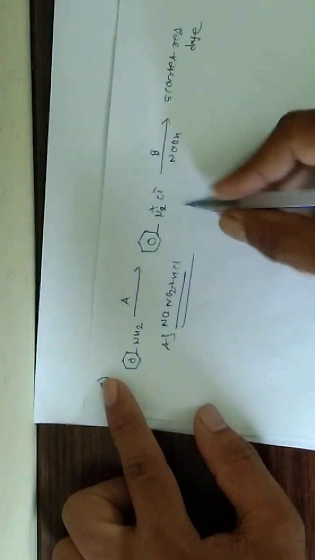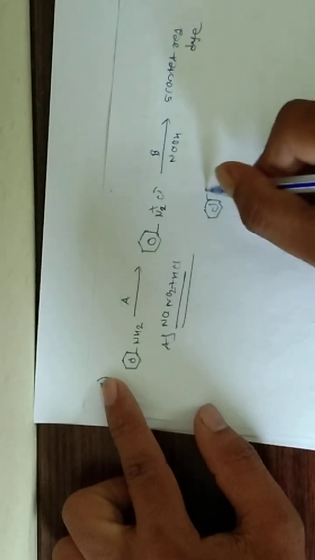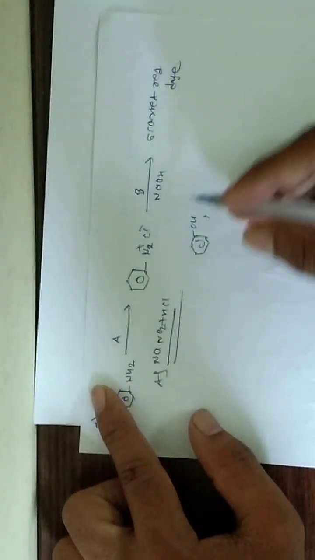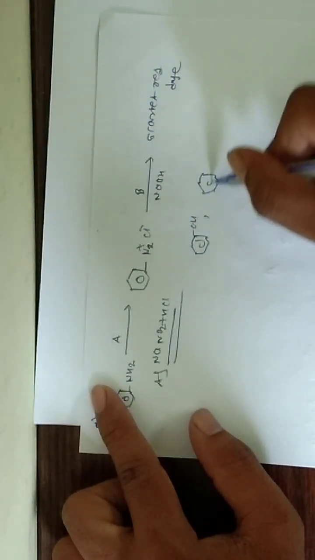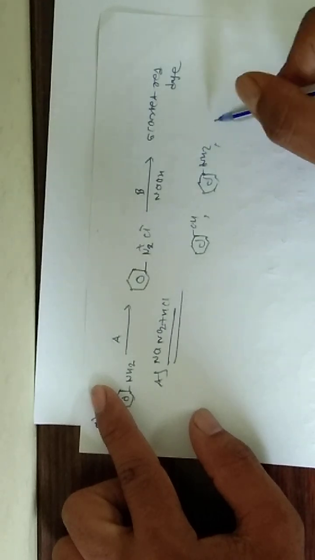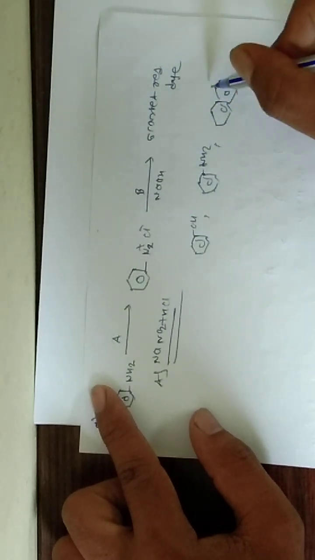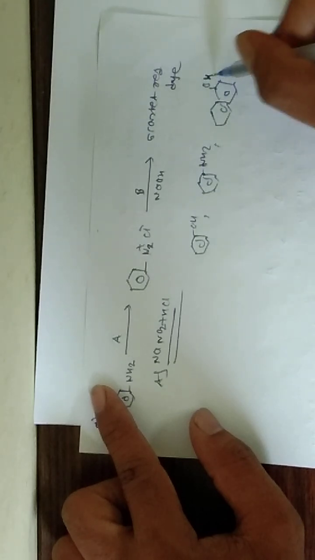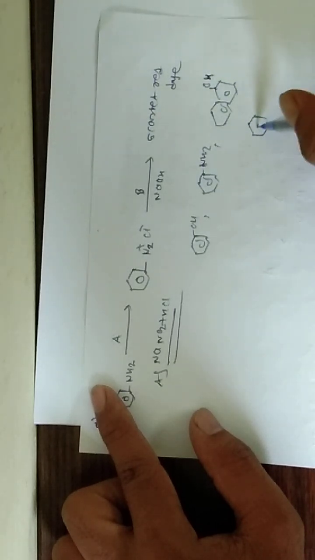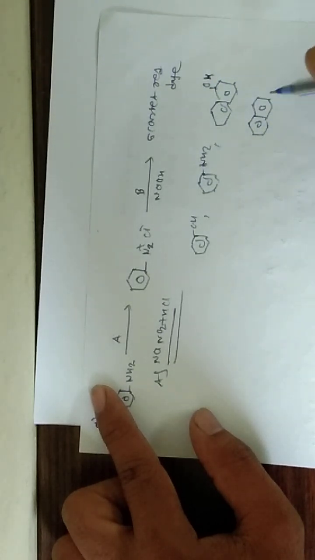In the options, 4 options were given. One is phenol, another is aniline, another one is naphthalene with OH at the alpha position, and the next one is naphthalene with OH at the beta position.